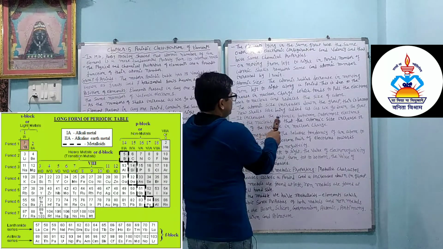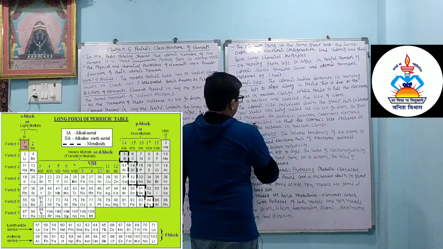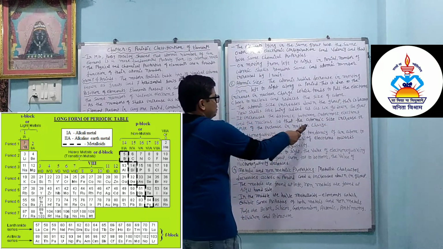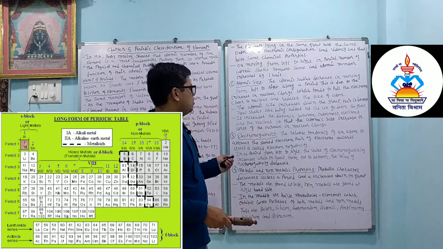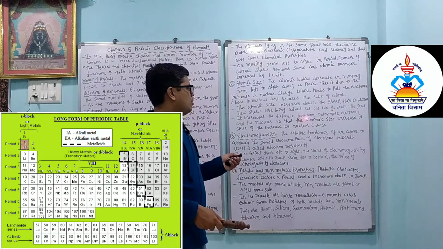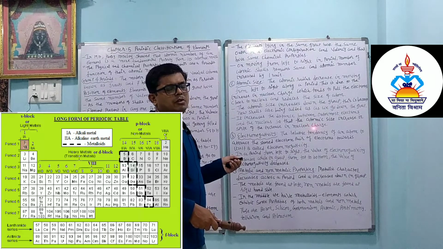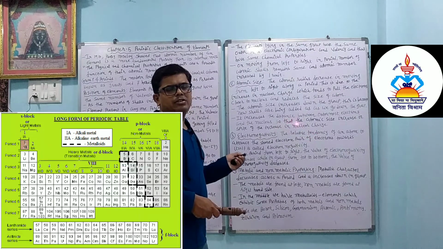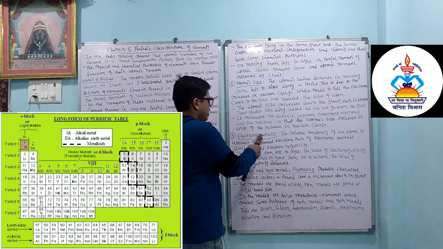It increases the distance between the outermost electron and the nucleus, so the atomic size increases in spite of the increase in nuclear charge. So as we go top to down in a group, the size of the atom increases because electrons enter into a new orbit, and because of that the attraction between proton and electron decreases.